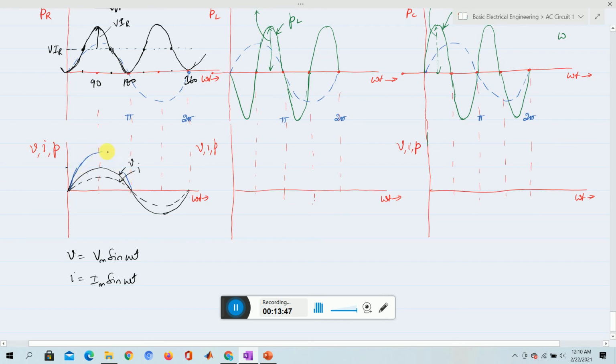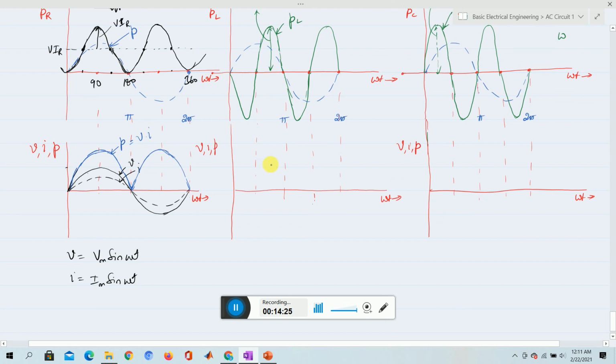When voltage and current both are positive, the power value is positive. If both are negative, the power value will also be positive. So you get a waveform. Only thing is that in the picture it looks a little different because of the drawing, otherwise both reflect the power as V into I.